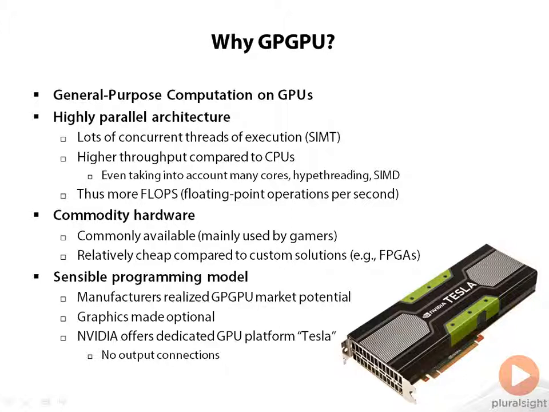And this has, in many ways, untied the hands of all those developers who perhaps didn't want to delve into DirectX or OpenGL just to get some number crunching done. So today we have things like the NVIDIA Tesla platform, which is a GPU that doesn't even have display output ports because it is dedicated entirely to computation.